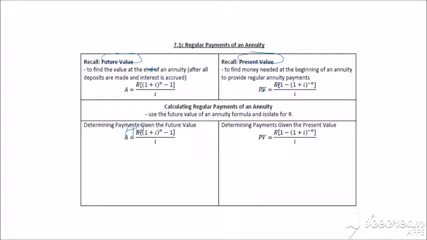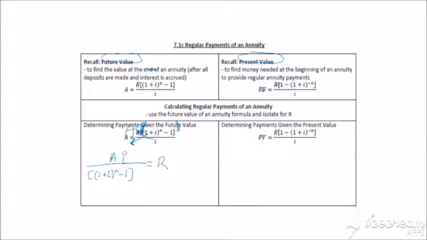So we get A over [1 plus i]^n minus 1, and we would have to cross multiply this i up, and that would equal R. So this is how we would determine the payments, which is obviously R. R is the payments.